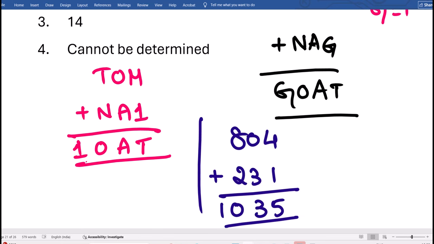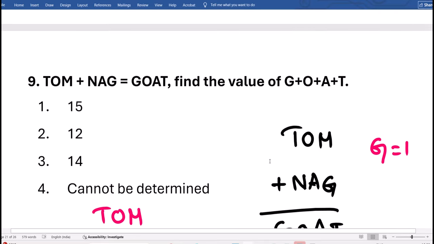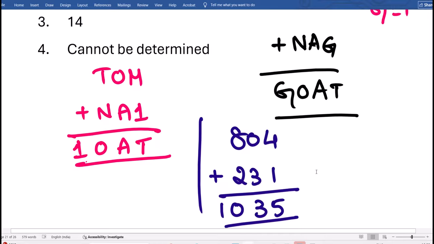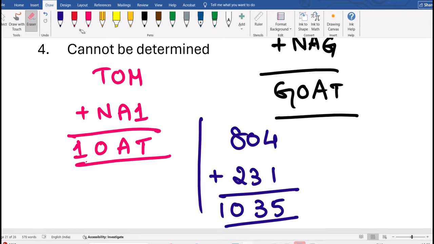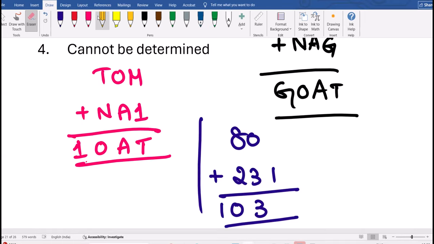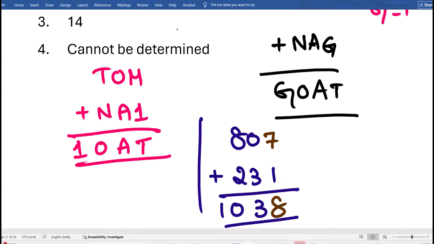T is... 4 plus, yeah, no. They are doing trial and error. 807. T is 8 must be satisfied. Okay. With this, we got answer as 12.